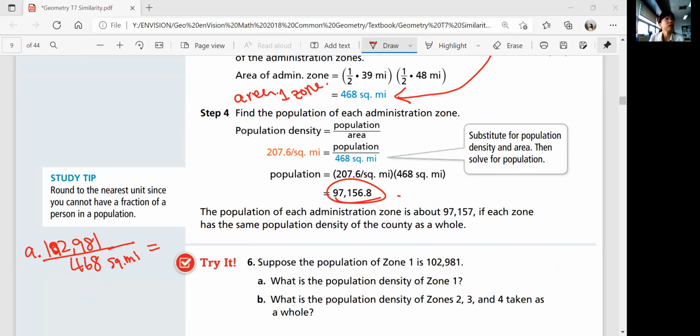Okay, let me use a calculator. 102,981 divided by 468 is about 220 per square mile.